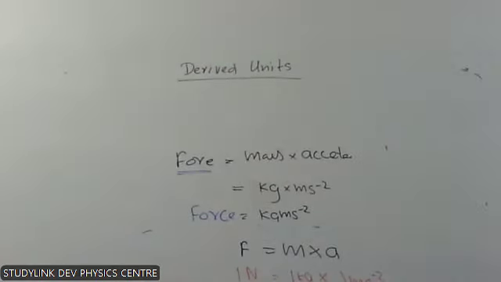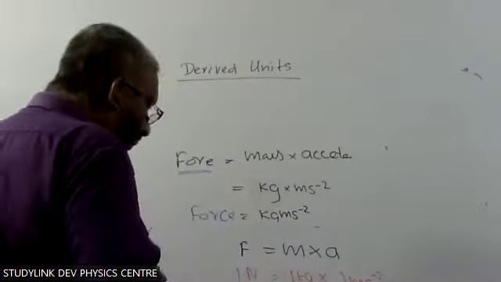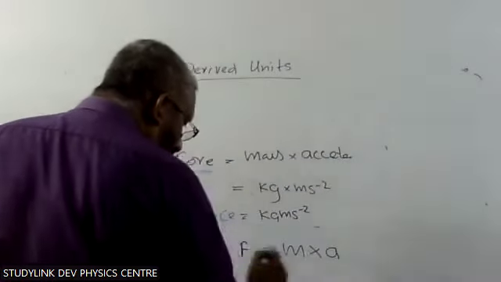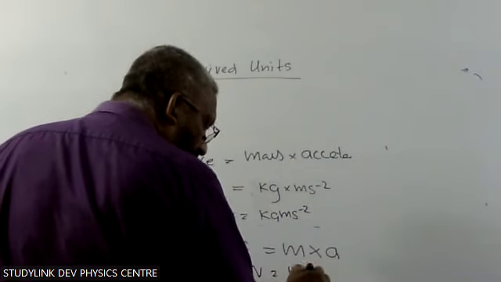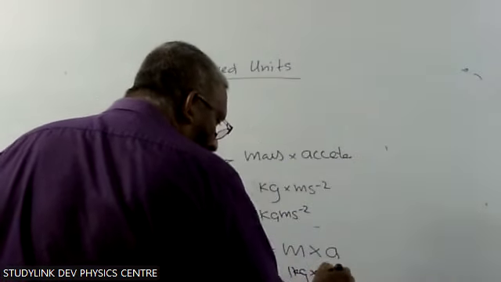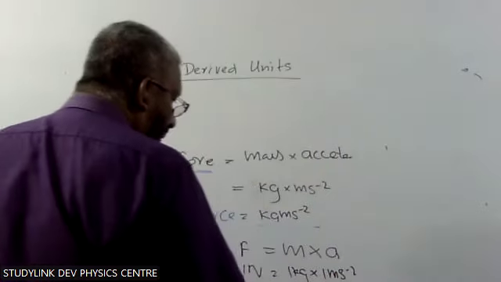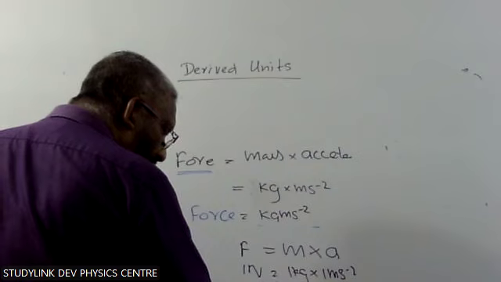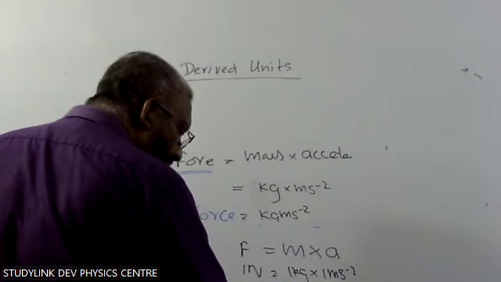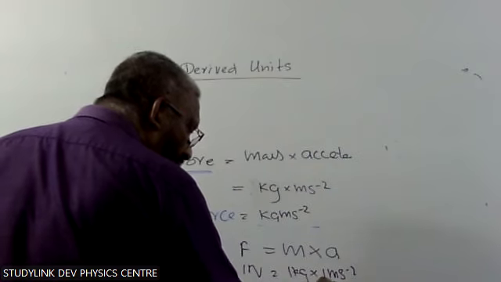So then I will use 1 Newton, 1 kilogram, 1 m s^-2. Finally, Newton is equal to kg m s^-2.